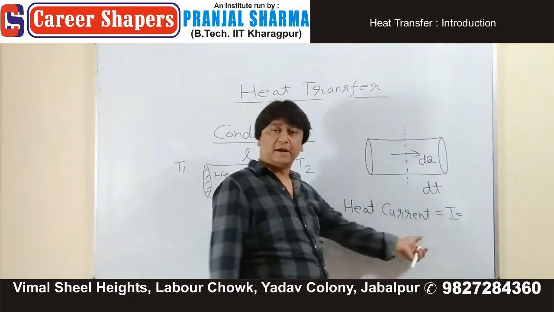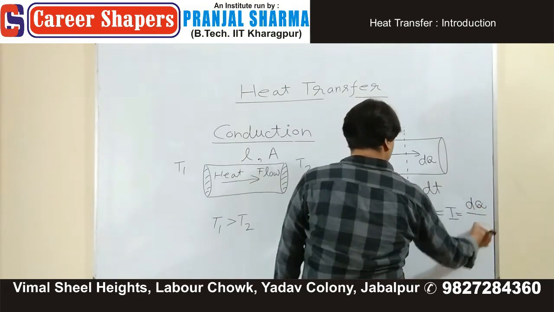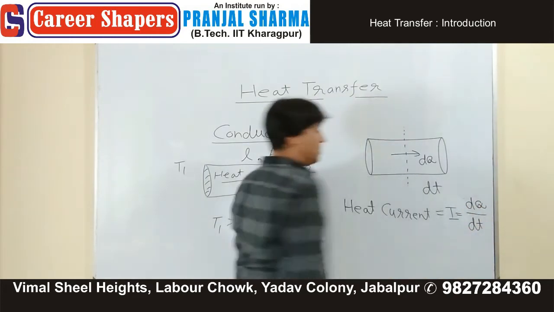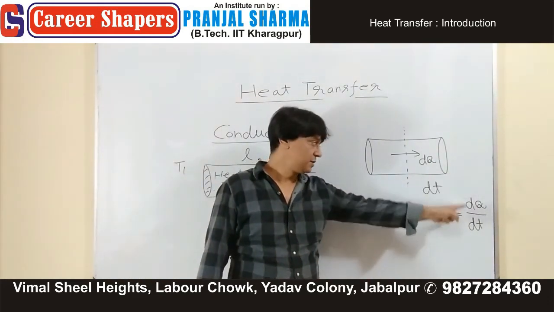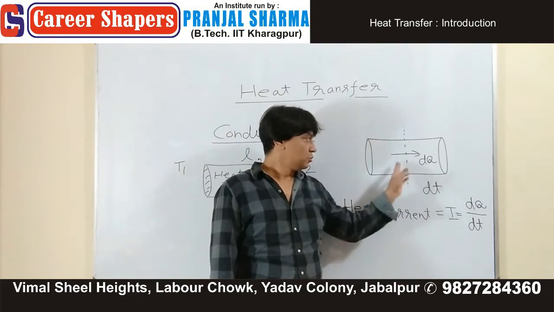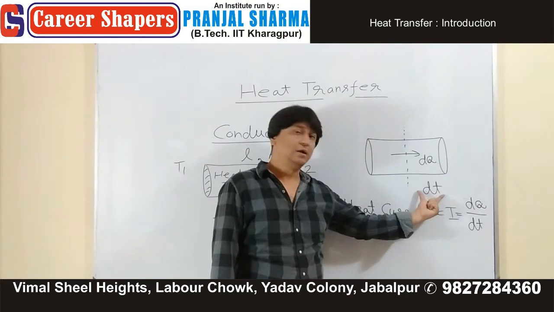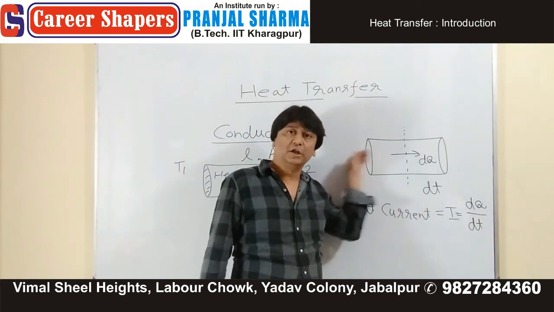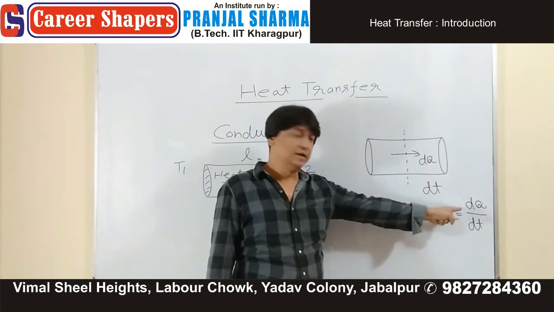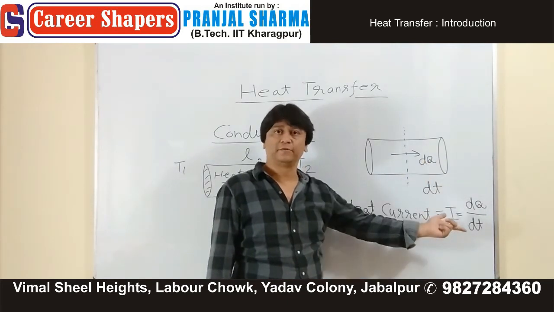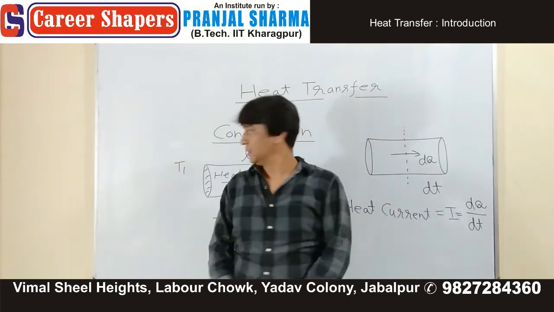And this heat current I is dq divided by dt, the rate of flow of heat through any cross section in time interval dt. You found that dq heat is flowing. I is the rate of flow of heat, dq by dt.